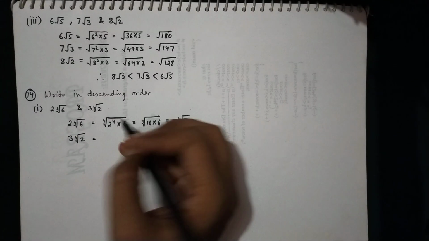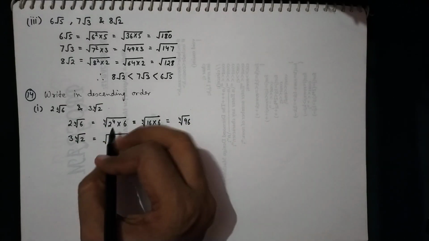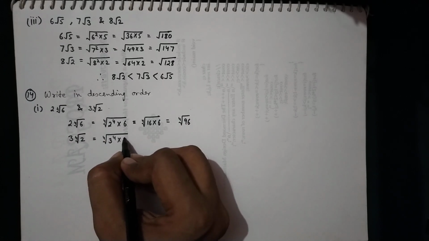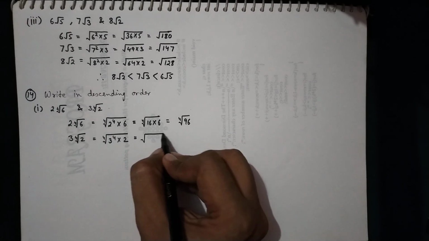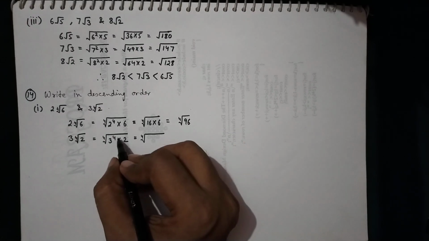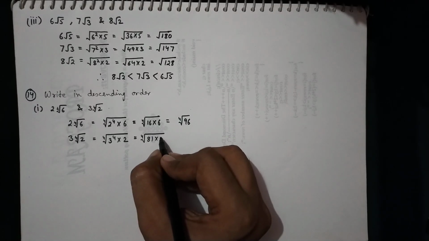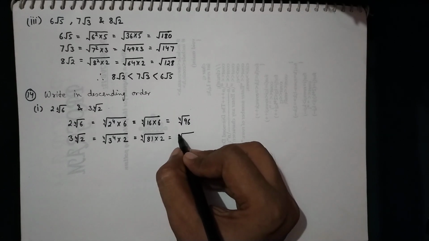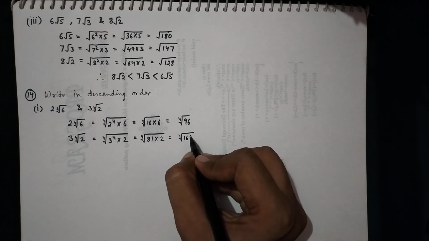And now here again this will be done the same as we did for this one. So here 3 to the power 4 into 2, that is equal to 3 to the power 4 means 81, into 2, and this will be 162.